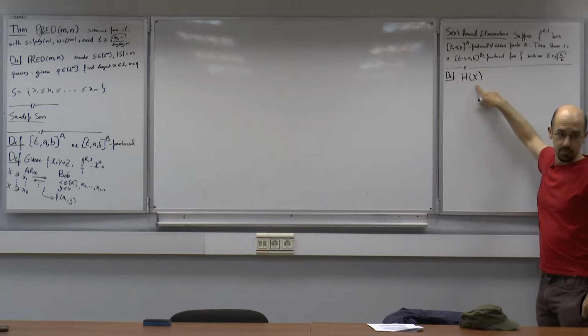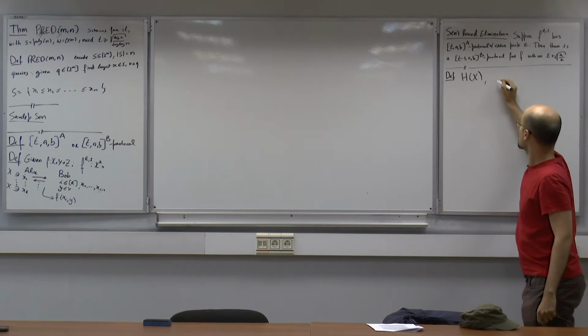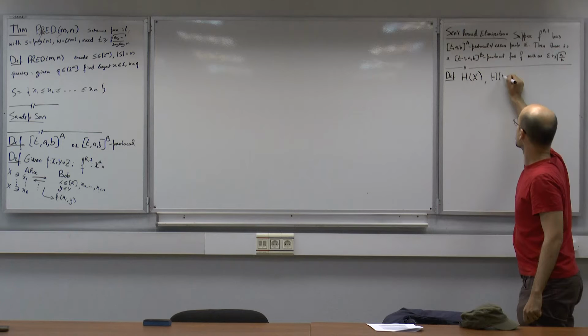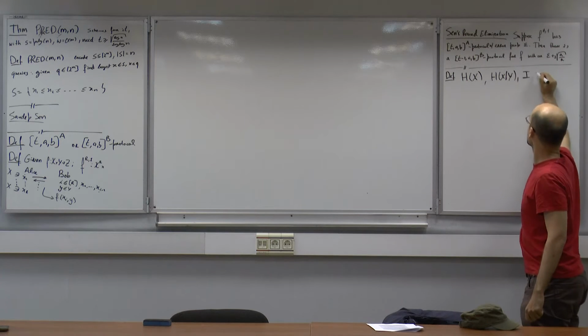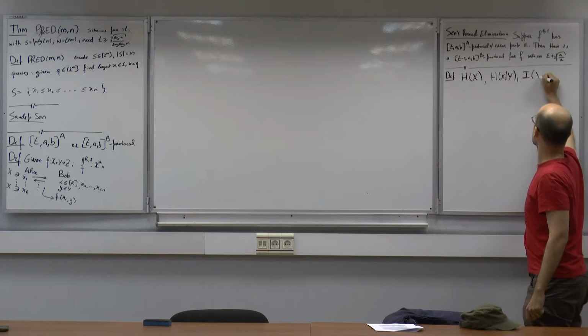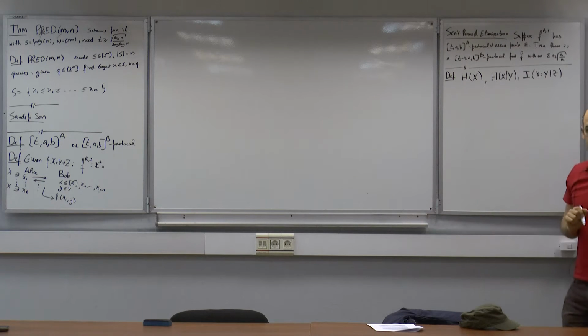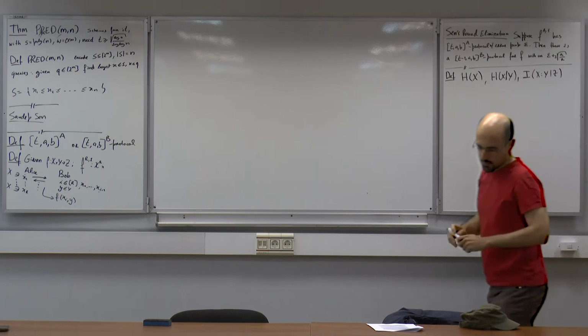Say I have some random variable which is distributed over some finite set. We all know what entropy is. Good. We all know what conditional entropy is, I assume. And hopefully we all know what mutual information is, possibly conditioned. Yes? Okay, good.